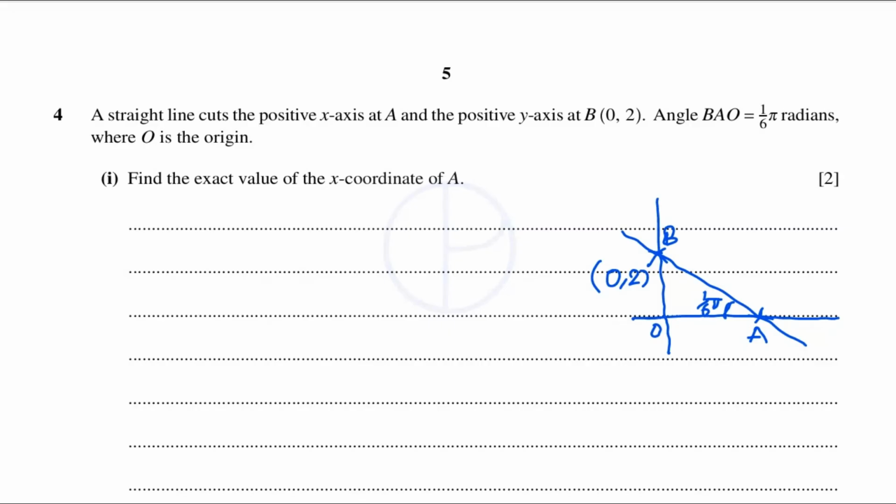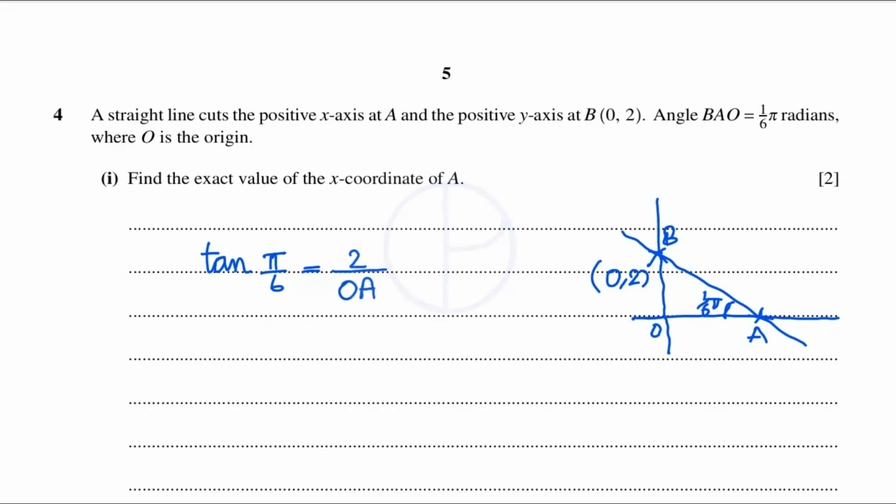Here triangle OAB is a right angle triangle, and we have an angle and we know the opposite side value, and we need to find the adjacent side value. Opposite OB is 2, so we'll use tan pi over 6 equal to opposite, which is 2, over adjacent, which is OA.